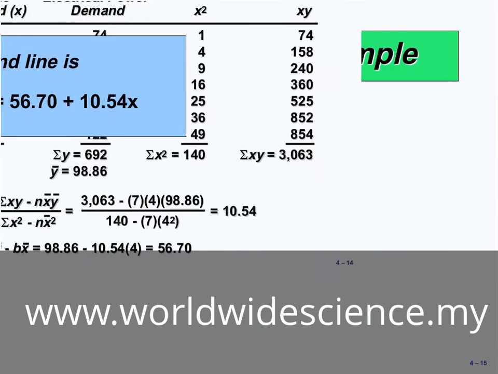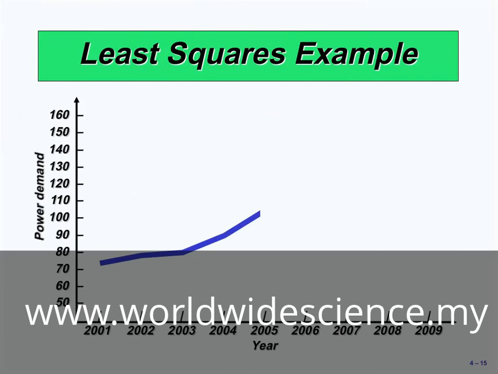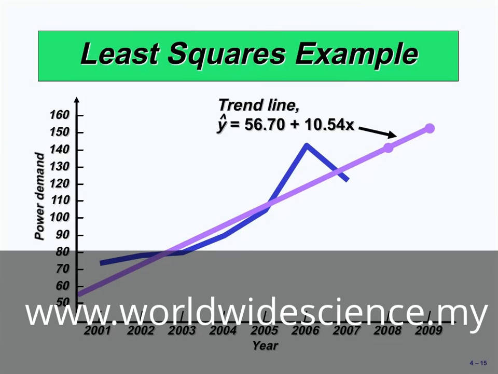So, the formula. If you see here again, we draw the graph. The blue line is the real demand, and the line that we have calculated already is the trend line.